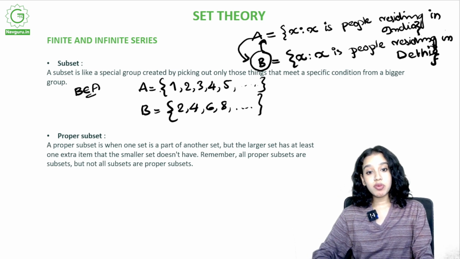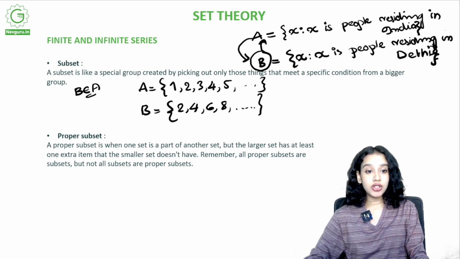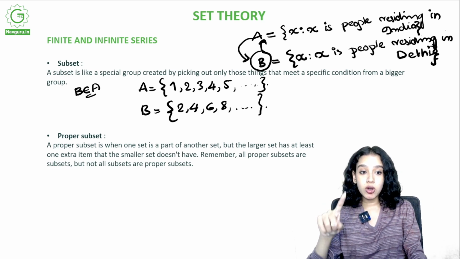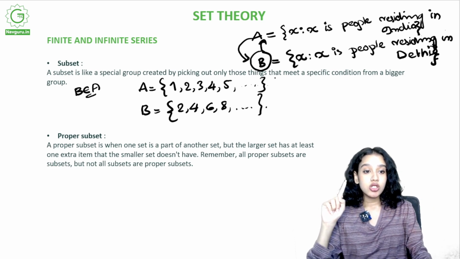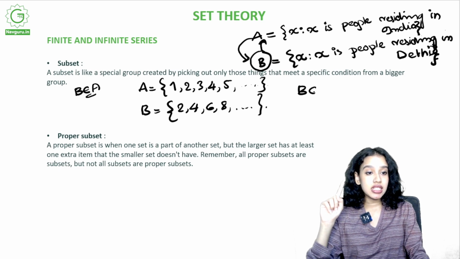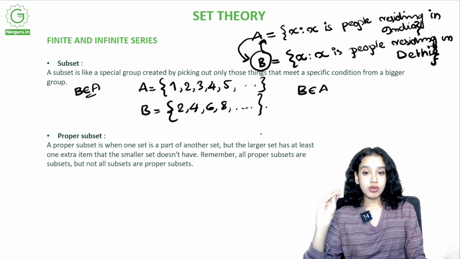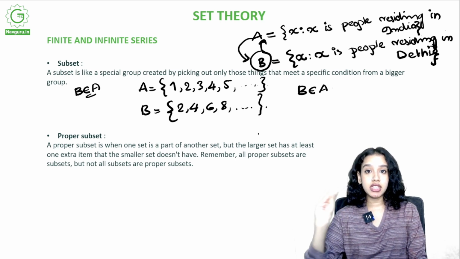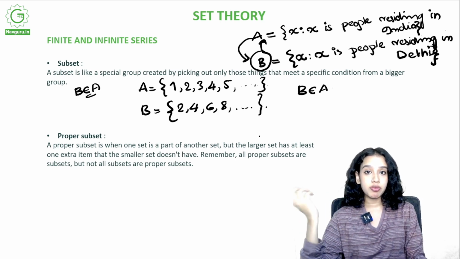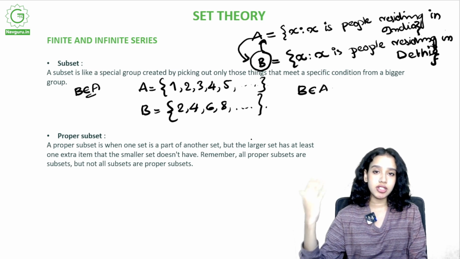Now, which belongs to which set? The set of even numbers would belong to the set of natural numbers. So we could say that B is a subset of A, right? Now, I hope the concept of subset is clear. It would be more clear when we are solving problems and you read about different questions.